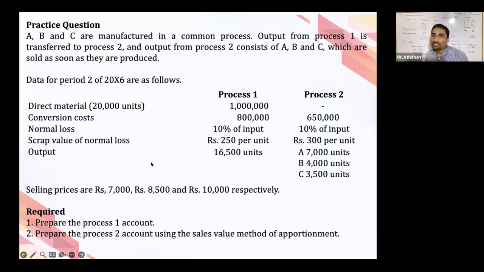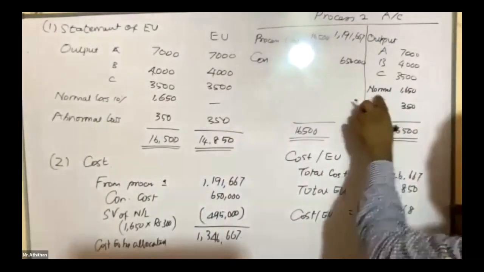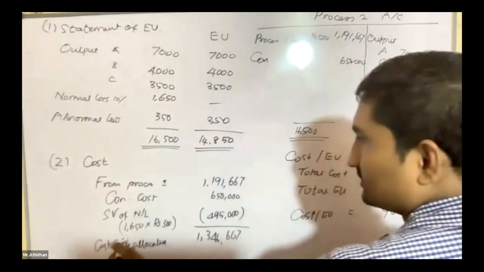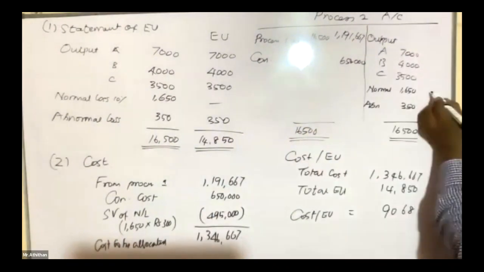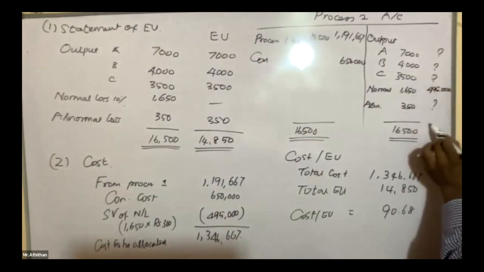Conversion cost 650,000. Normal loss, we know the scrap value 495,000.